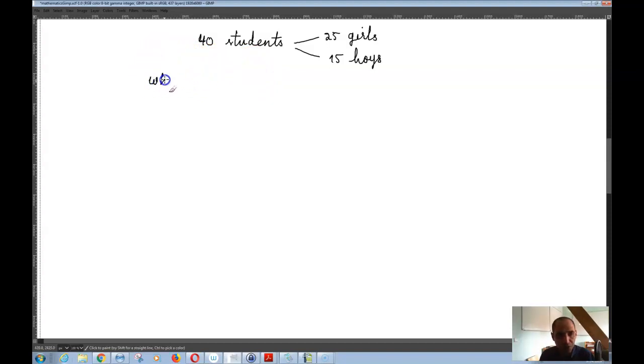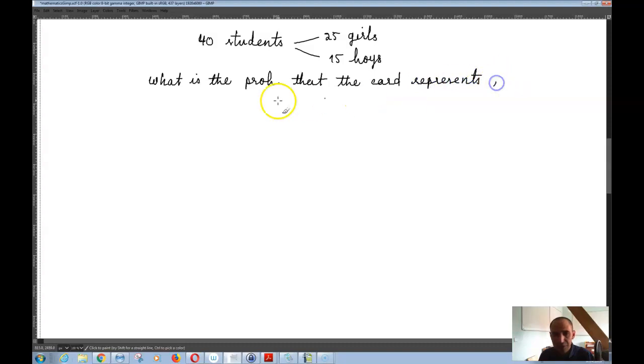What is the probability that the card represents number one, a girl, and number two, a boy.